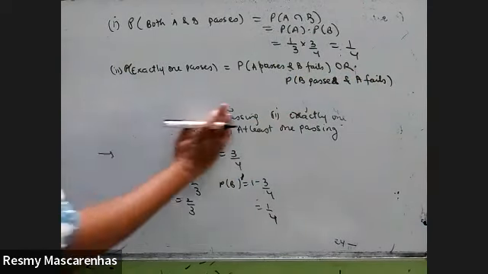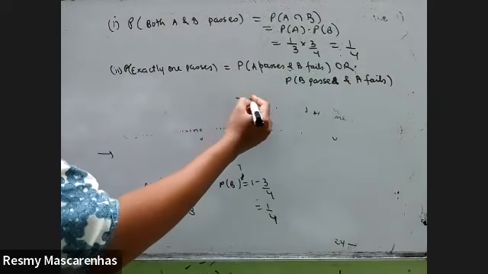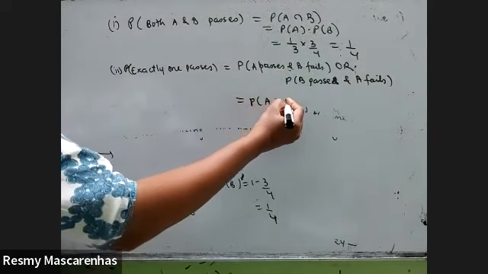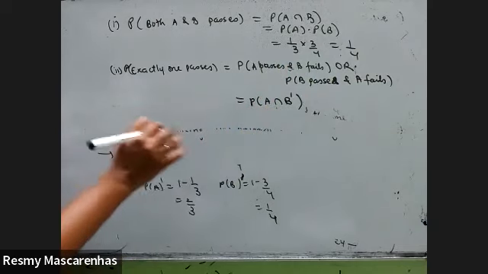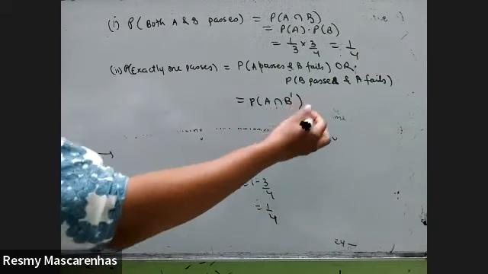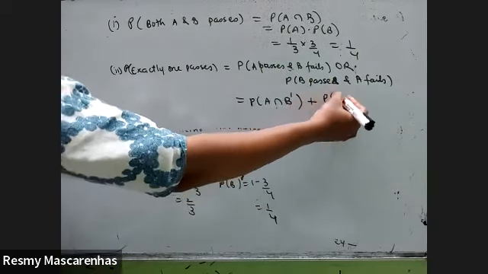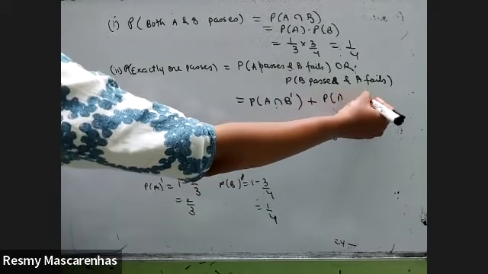So I will put them in this. And means always intersection. B fails means complement, does not pass. Or B passes, A fails.